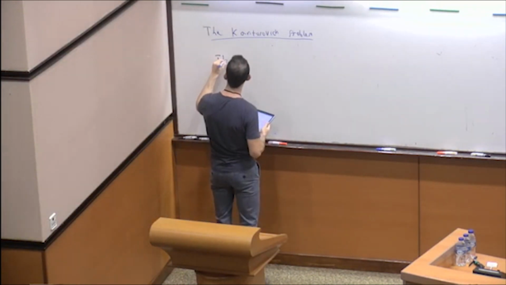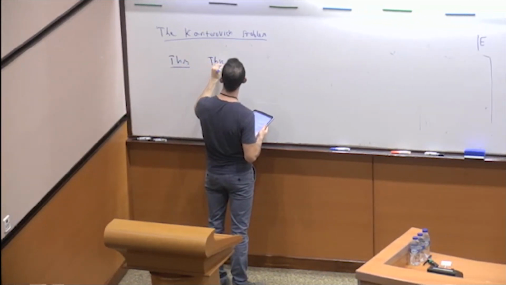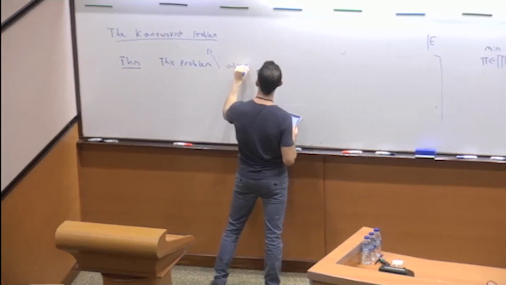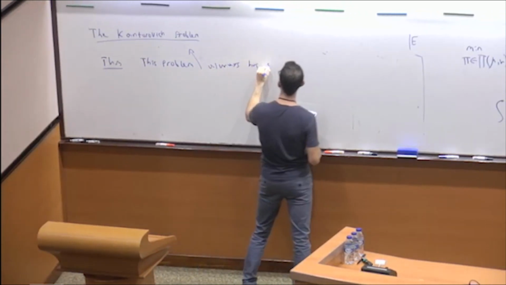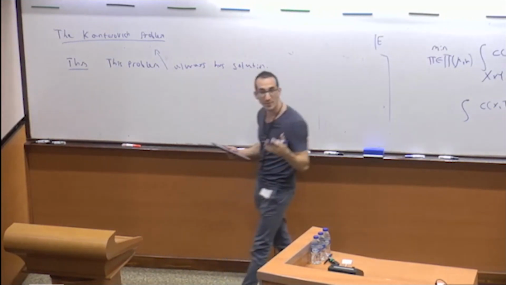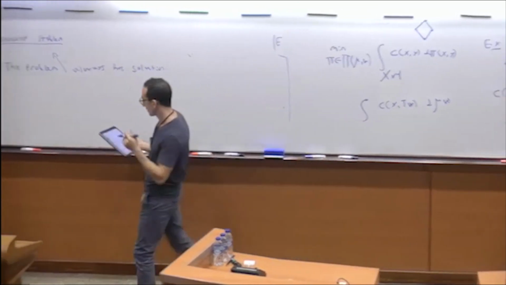So the theorem is that this problem always has a solution. Unlike the Monge problem, remember, because sometimes in the Monge problem we didn't have a transport map, let alone an optimal one.